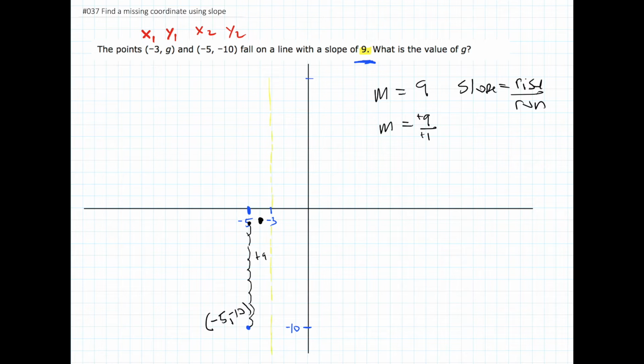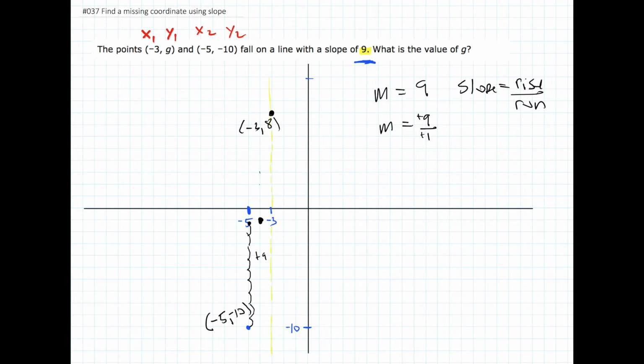So here is the plus 1. Okay. And if I were to go up 9 again, 1, 2, 3, 4, 5, 6, 7, 8, 9 over 1, this is actually the mystery coordinate. So this would be -3, comma 8.